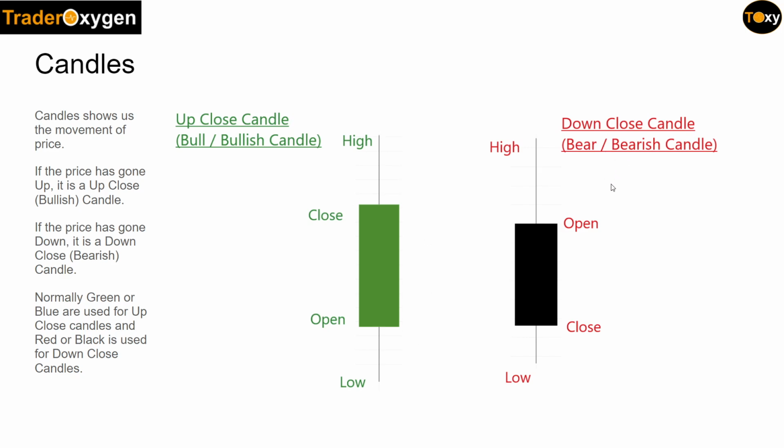Bearish candles also have the same. Before it goes down, it may go up a little bit and come back, and then it may continue further down, and maybe it comes back and closes. So there is an open price, high price, lowest price, and close price of a candle.